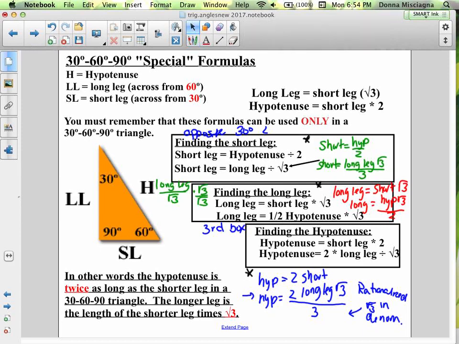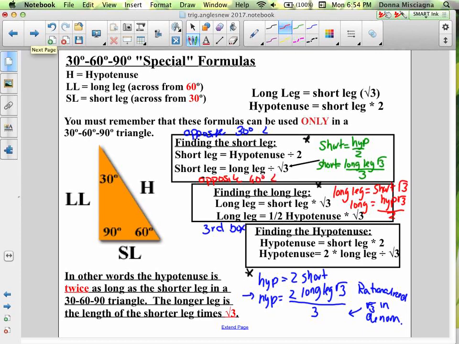So short leg is the long leg times the square root of 3 divided by 3. And then the last box there, the long leg is opposite the 60-degree angle. The long leg is equal to the short leg times the square root of 3.